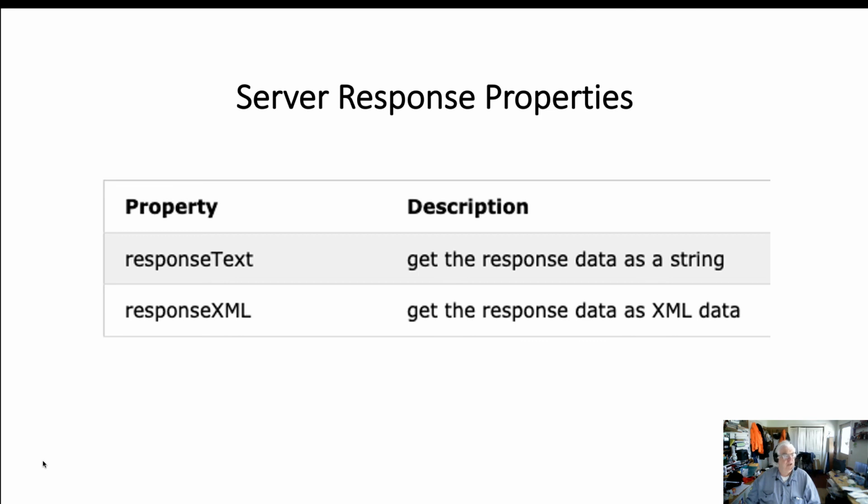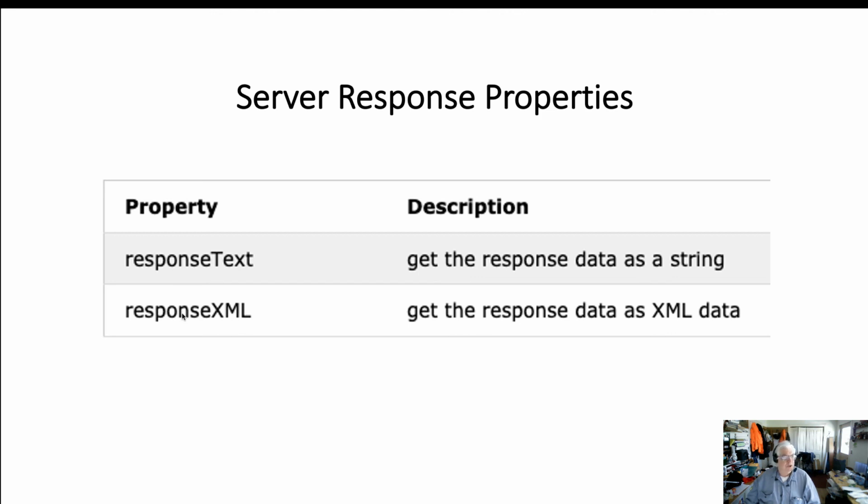So, server response properties: you can have the property responseText, which gets the response data as a string, or responseXML, which gets it as XML data. And we're going to talk a whole lot more about JSON and XML next week.